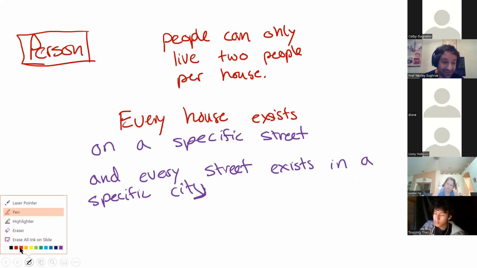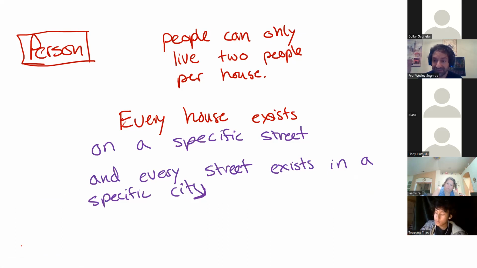Make sense so far? These should be things that make sense to you guys, just in existence in the world around us. Every house exists on a specific street, and that street exists in a specific city, which is how you're able to send mail to a location.